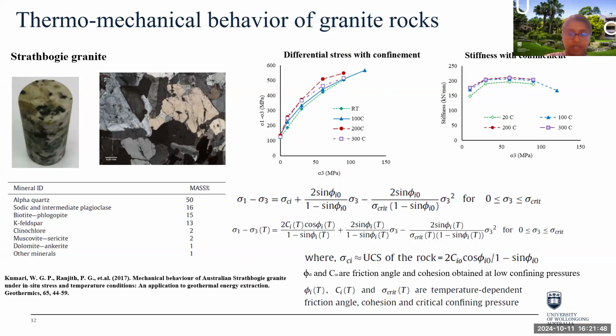So this temperature threshold value is actually material dependent and stress dependent. We also attempted to model these scenarios, and this is an attempt to develop a nonlinear failure criterion using temperature-dependent material properties.